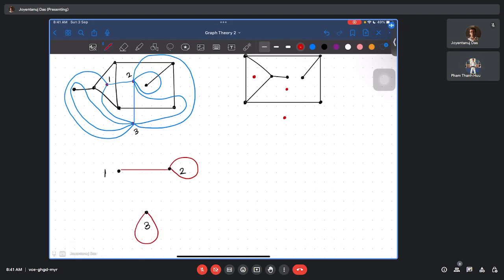Then between 1 and 3, how many edges are there? There are two edges, right? So between 1 and 3 there are two edges. Between 2 and 3, how many edges? 1, 2, 3 edges, right?